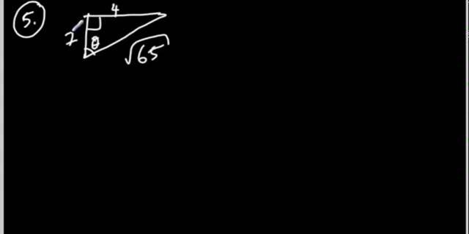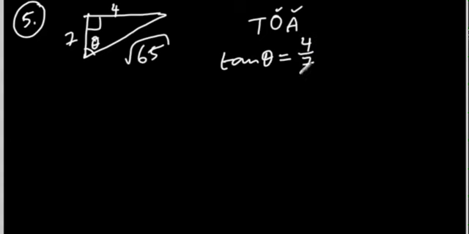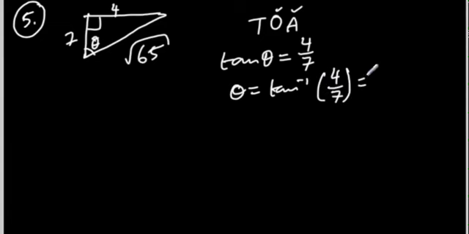Let's say, for example, you wanted to use 7 and 4. 4 is the opposite, 7 is the adjacent, so you could have used TOA. So tan theta is equal to 4 over 7, so theta is tan inverse of 4 over 7, which is approximately equal to 29.7.